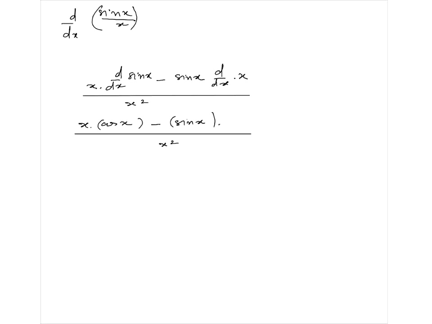One is correct. So x cos x minus sin x, whole divided by x square. Okay, so that's how division is handled.